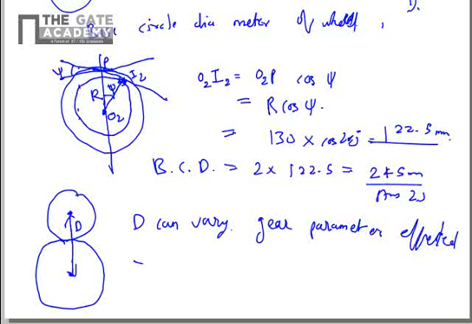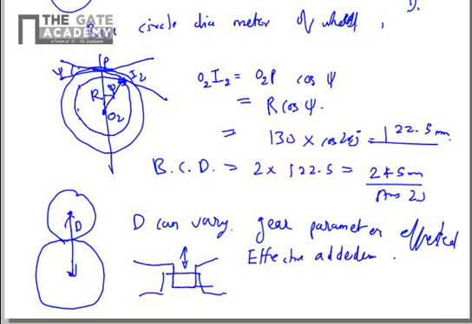If you zoom in on the tooth profile, here is your tooth and here is another tooth. If the distance between the centers is changing, the teeth will be less engaged with each other. That's why the effective addendum radius will reduce, and consequently the effective addendum will reduce.